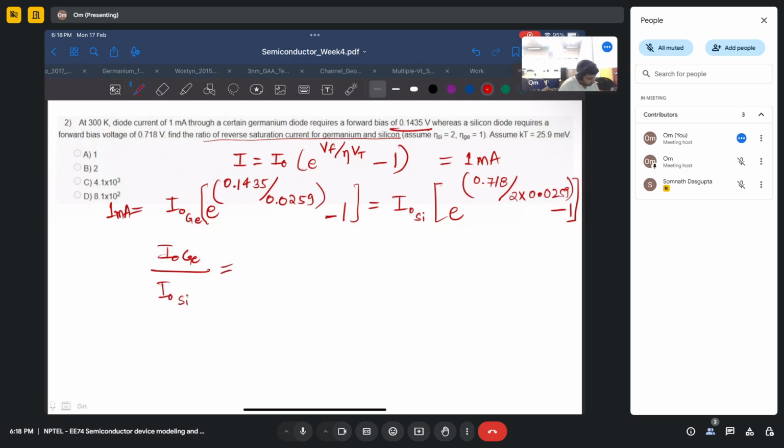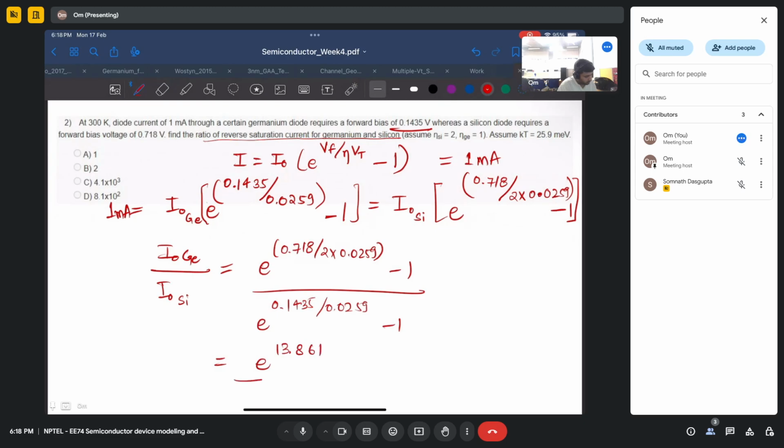So if I write this, this will be in the numerator and this will be in the denominator. e to power 0.718 divided by 2 into 0.0259 minus 1, upon e to the power 0.1435 divided by 0.0259 minus 1. So it will be something e to the power 13.861 upon e to the power 5.54.